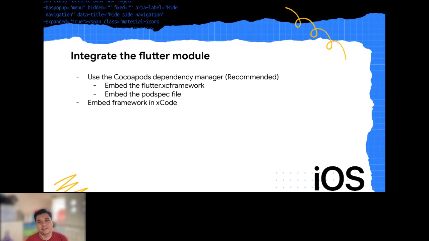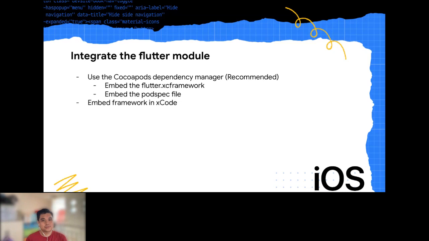So, how could we integrate the Flutter module? As we have already created our Flutter module, there are also two ways here. It is similar: the first approach is to use the CocoaPods dependency manager, and this approach is actually divided into two.